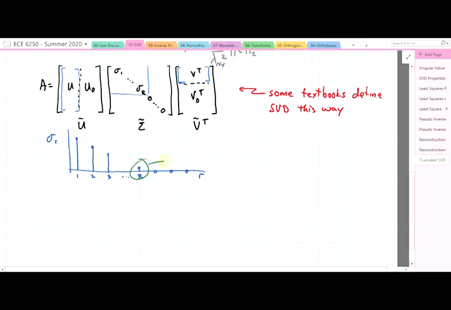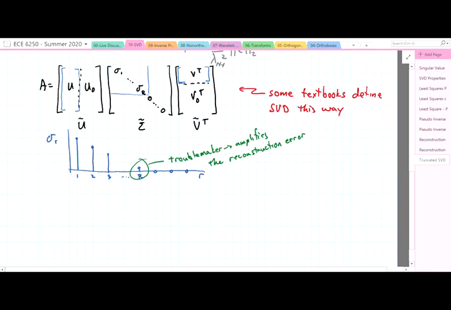Now this one right there, that's our troublemaker. This is the one that amplifies the reconstruction error. Well, what if we just said, well, yeah, that's pretty close to zero. What if we just eliminated that one and called it zero?